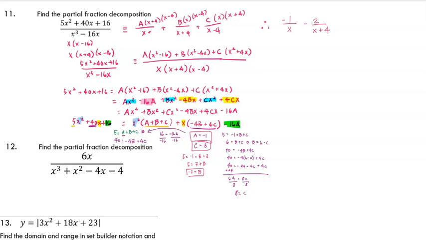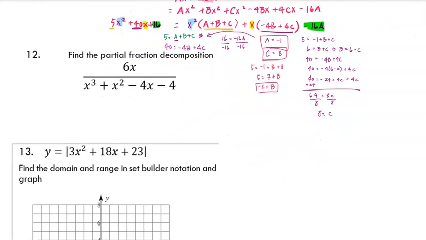We have to make sure that we get their ABCs right. And then plus 8 equals 5x squared plus 40x plus 16 over x cubed minus 16x. Okay? Good job, guys.